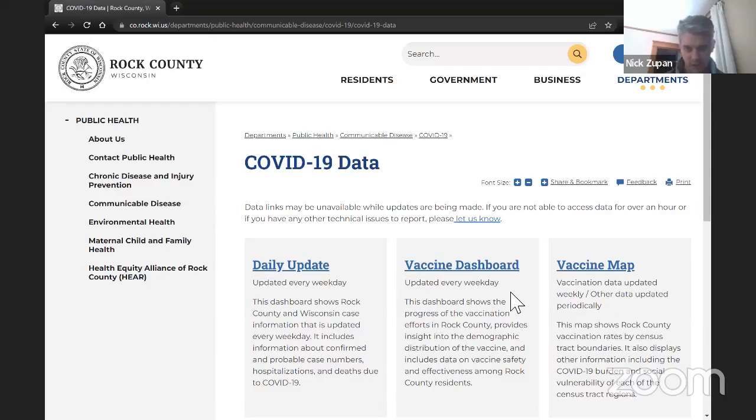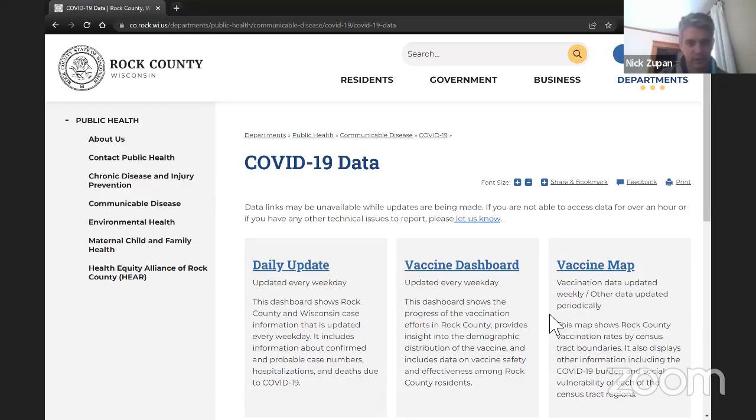We also include our disparities report that looks at some of the differences in COVID-19 transmission rates by race and ethnicity. We will continue to publish our municipality data reports. That one is fairly popular and basically breaks down case activity by our major municipalities here in Rock County. We will continue to update a weekly dashboard for our schools. So data for schools will continue to be updated.